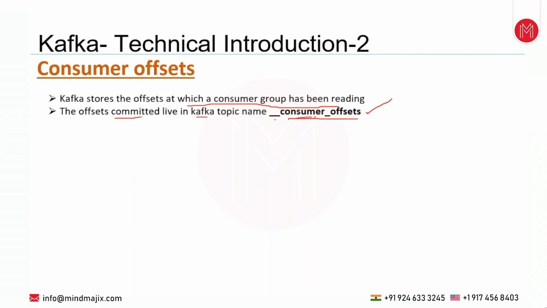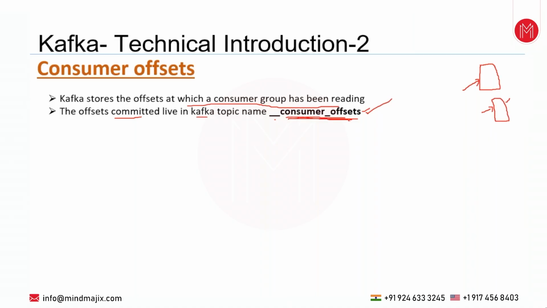Now, in this topic, whenever any consumer consumes the messages from any partition by using a consumer group ID, Kafka makes an entry, Kafka keeps a track: this particular consumer group has consumed the messages from this topic partition. It means whenever any new consumer consumes the messages from the same partition by using the same consumer group ID, I should not give that message to that consumer group because I already have the entry in this topic.